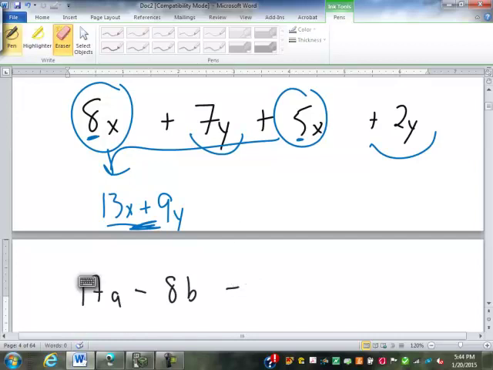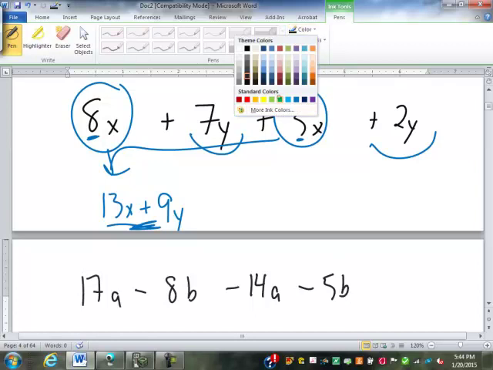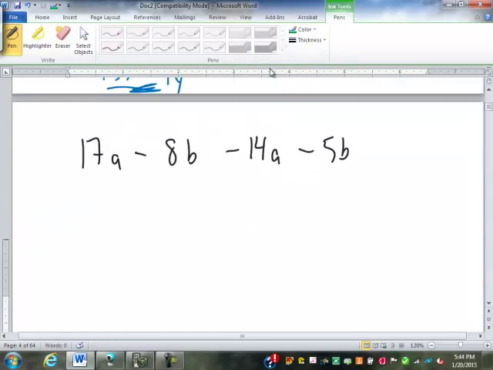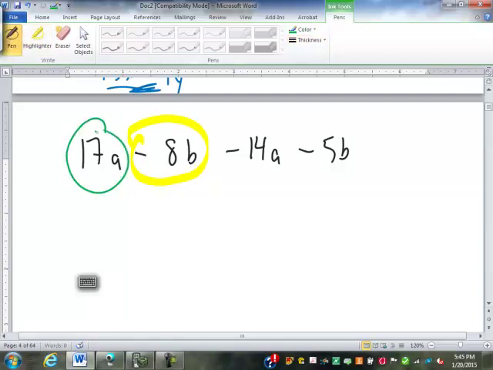So let's say we have 17a minus 8b minus 14a minus 5b. Now we said that in an algebraic number, each digit can be positive or negative on its own. So this here can be thought of as subtracting 8b, but it can also be thought of as a negative 8b. So we can go to combine here. This is 17a.